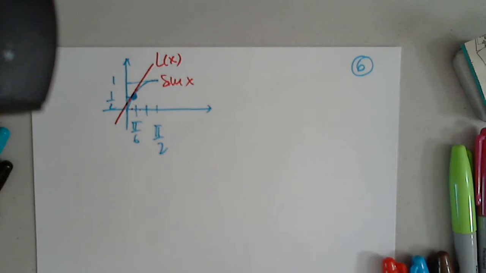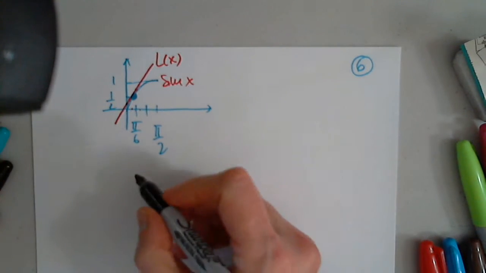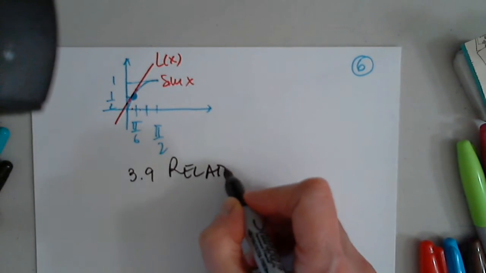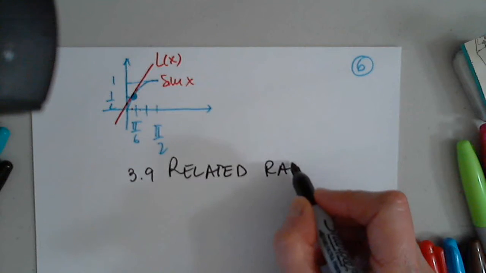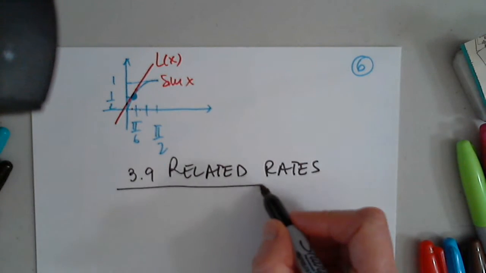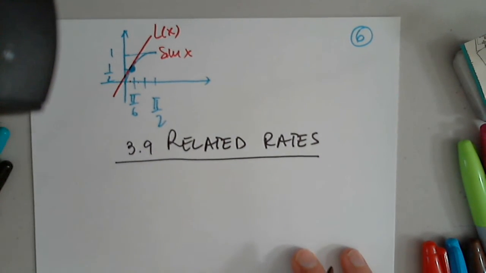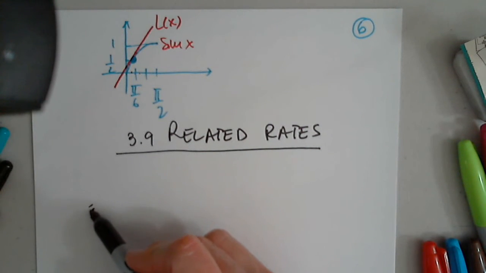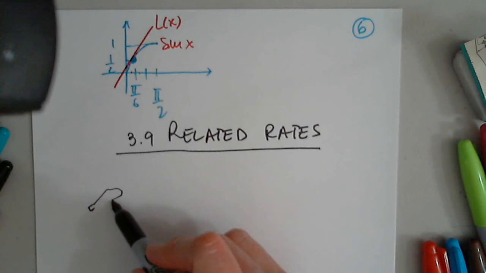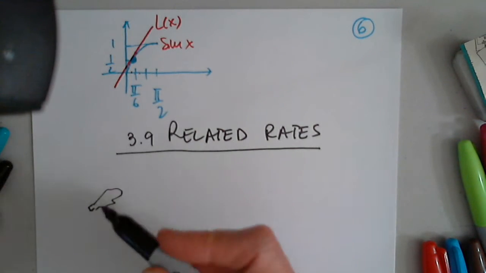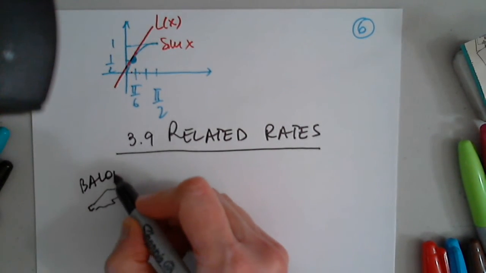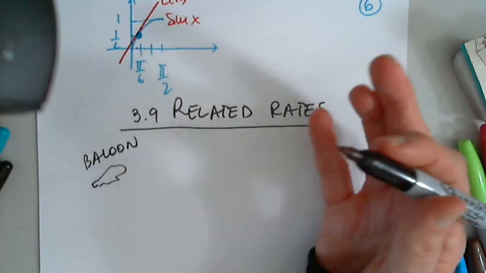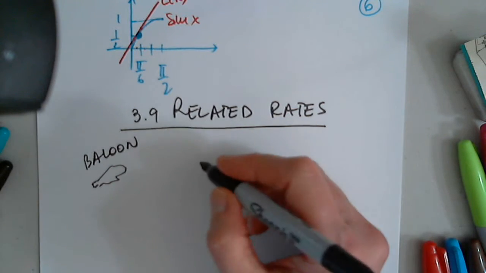The last section from chapter 3 is 3.9, related rates. What does this mean? Imagine that I cannot draw. I'm not good at drawing, but let's say this is a deflated balloon, in the form of a sphere.